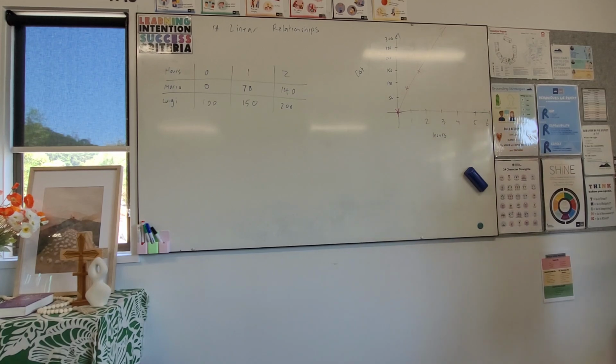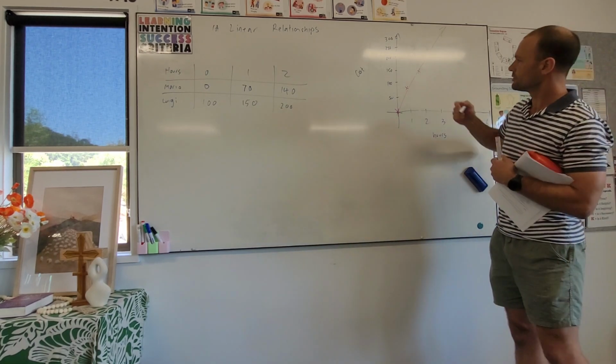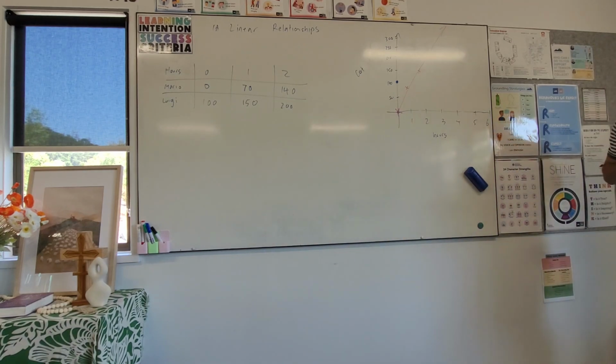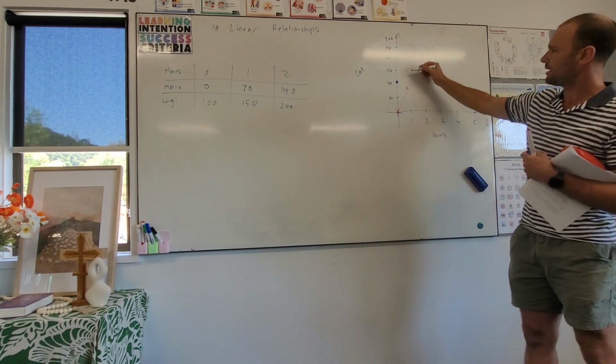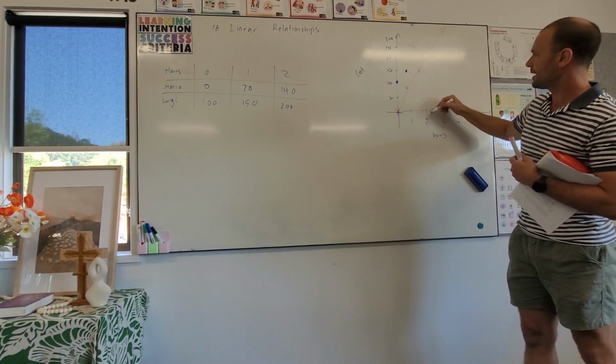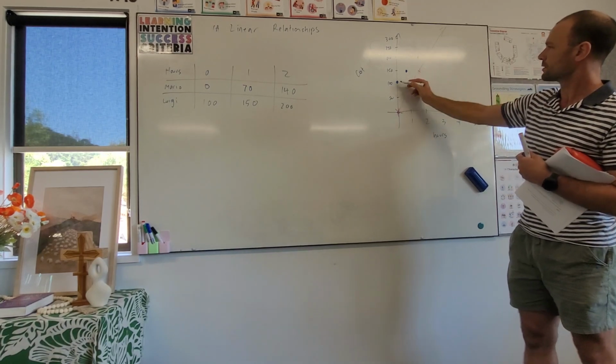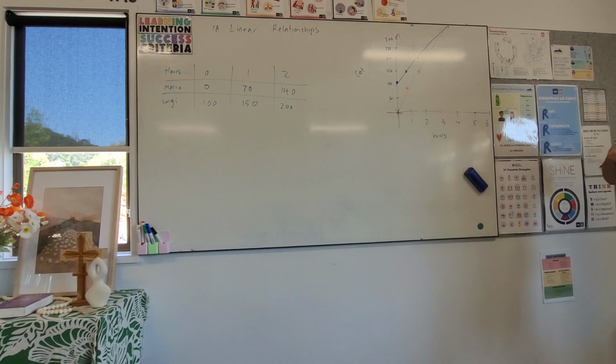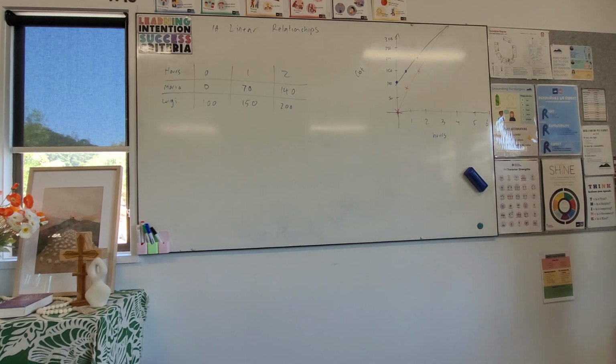All right, Luigi charges $100 just to rock up at your door, but then he's charging $50 per hour. So for 1 hour, we're at $150. For 2 hours, we're going to be at $200. So this is the line that Luigi takes. Okay. So we've got both of those graphs there, and we're talking about the table.